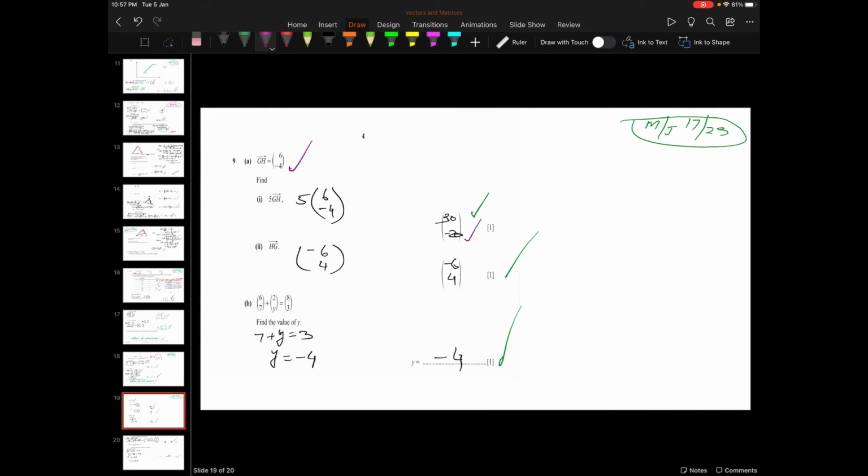Now HG. HG vector is negative vector of vector GH. So we should change the sign of vector GH, which are minus 6 and 4.